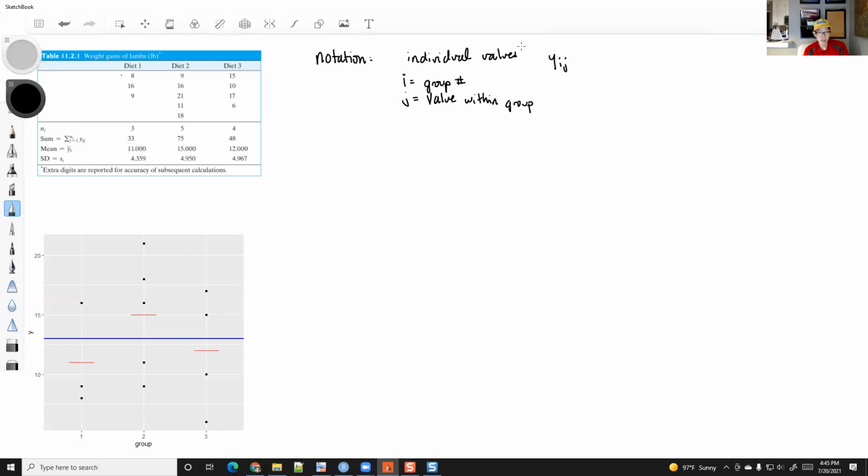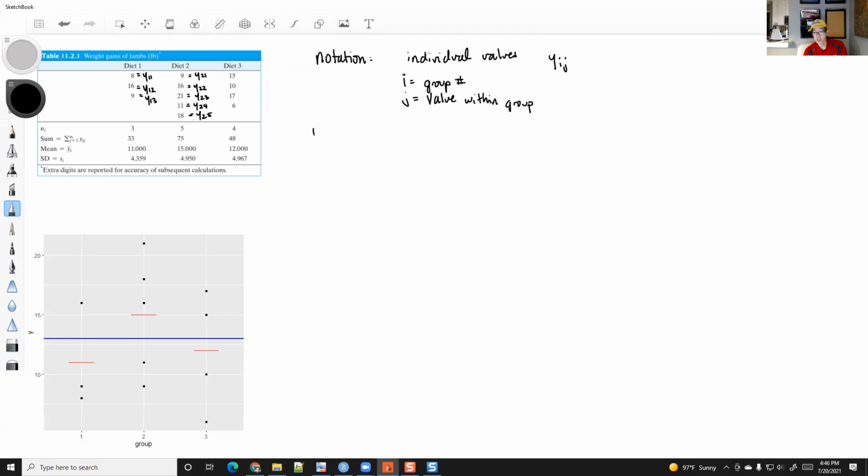Okay, so this number 8 is going to be Y11. It's in group 1, first observation. This next number is Y12, the group 1, second observation, and 9 is Y13, the first group, third observation. This would be Y21, Y22, Y23, Y24, Y25, so on and so forth, okay?